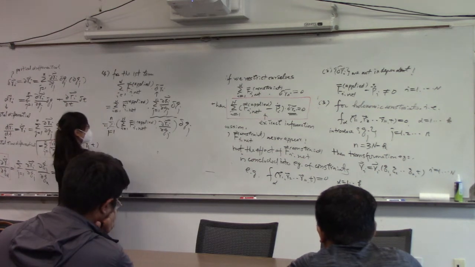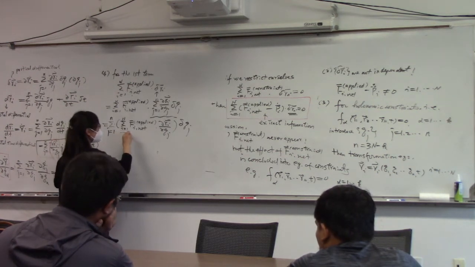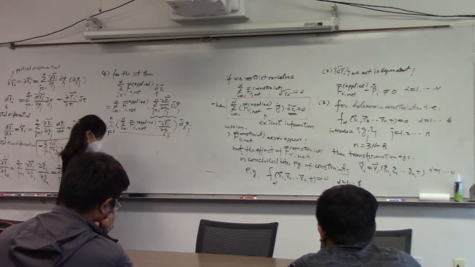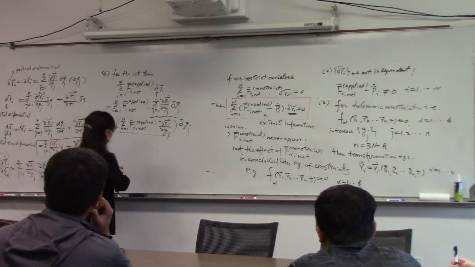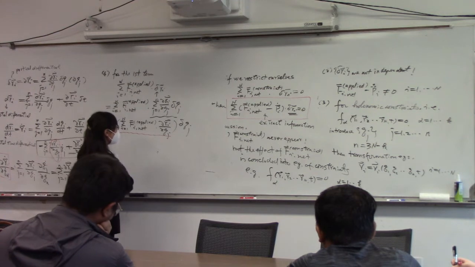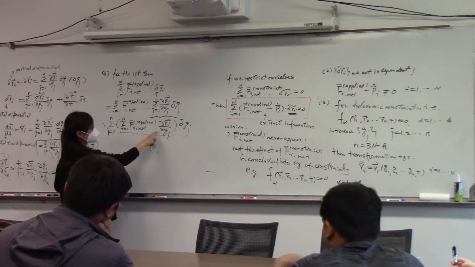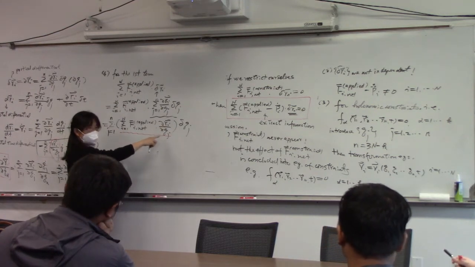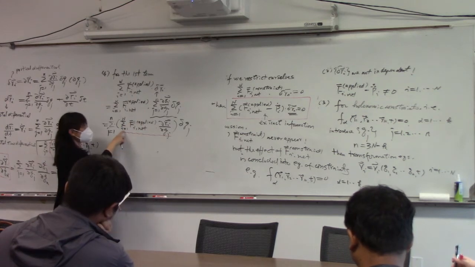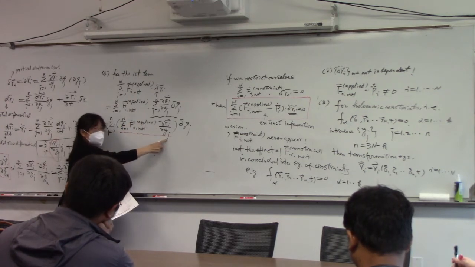So you see this term, we have an inner product between the applied force and this gradient or partial derivative of r_i with respect to the generalized coordinate. So after summation over i, this is something only depending on j, right? That makes sense?